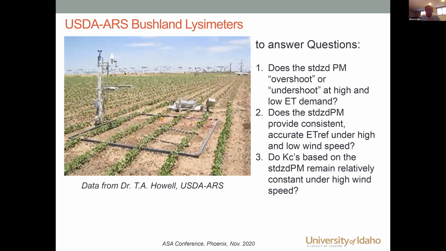And then any Kc, crop coefficient, that is coupled with the reference ET, does that remain fairly constant under a wide variety of environmental conditions? Here's a picture of the Bushland lysimeters growing what looks like a cotton crop, courtesy of Dr. Terry Howell, retired now from Bushland with the ARS.